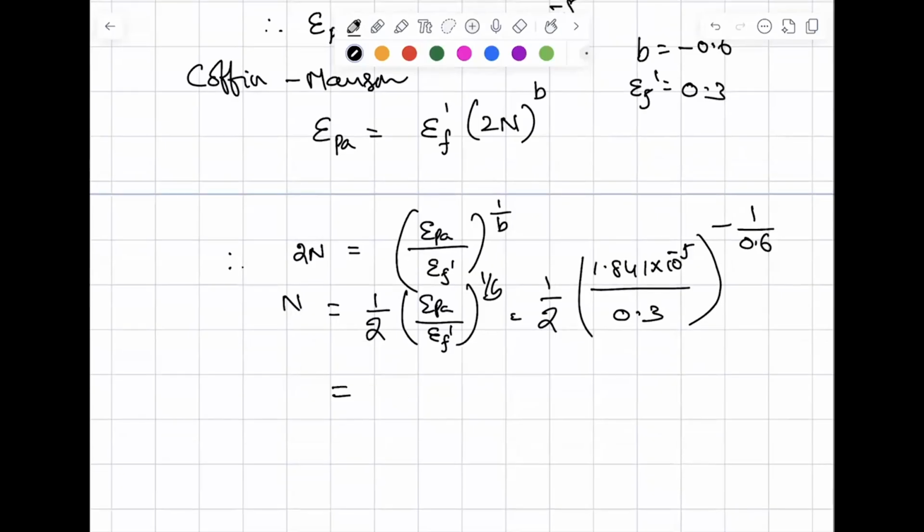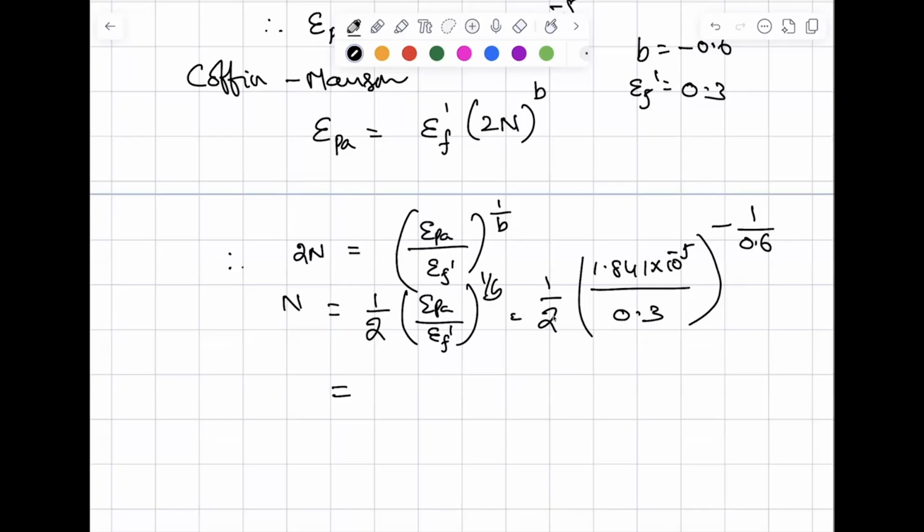What is that value? Divided by 0.3. Into 10 power 6.